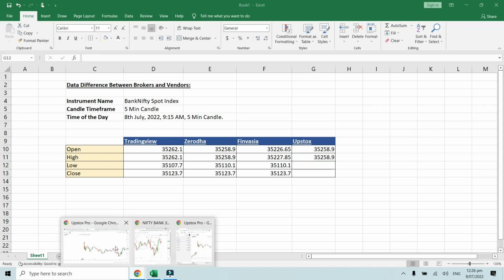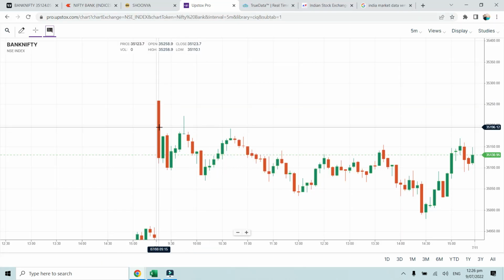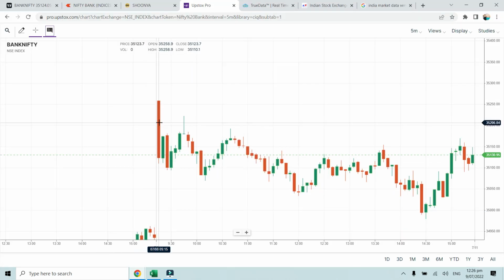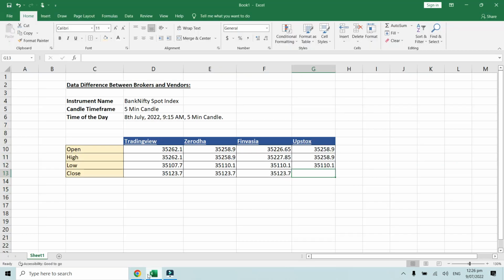The low is 35,110.10, and close is 35,123.7.